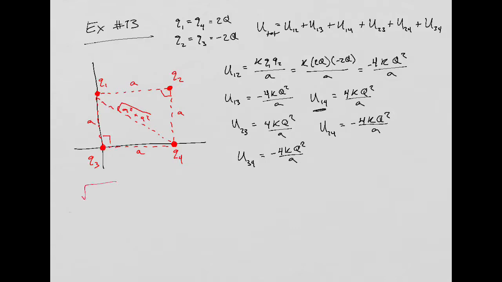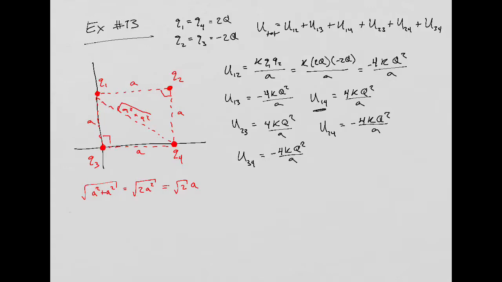Well, the square root of A squared plus A squared is equal to the square root of 2A squared. Just combine the A squareds. And we can actually take the square root of both of those terms since it's a product underneath the square root. So we just get square root of 2 times A.